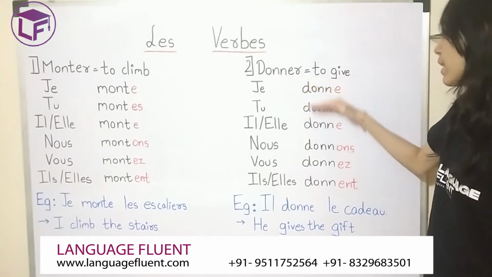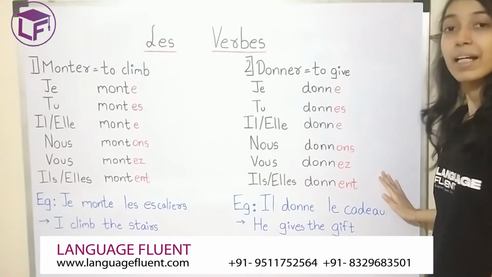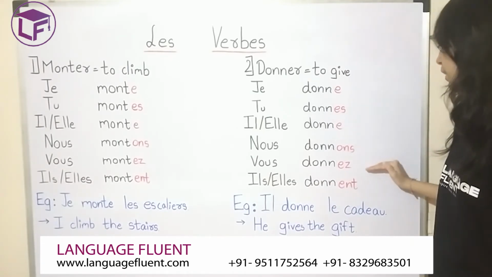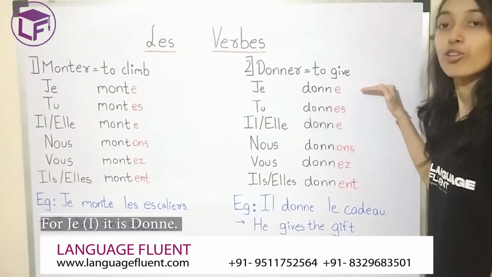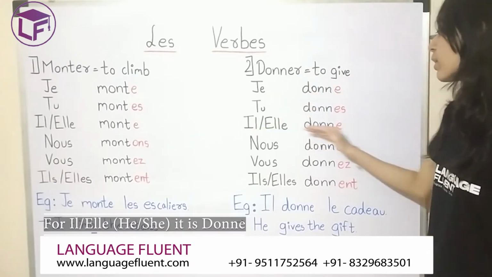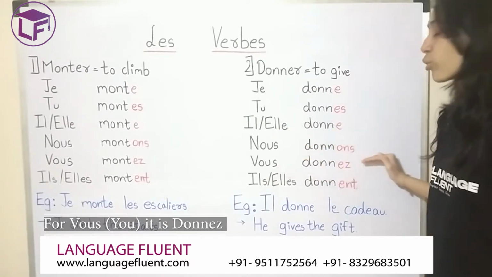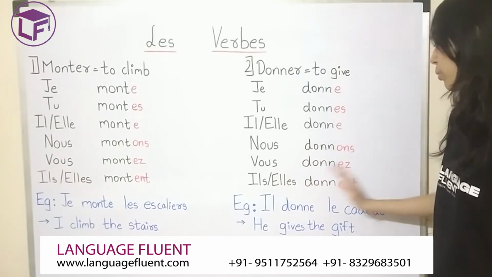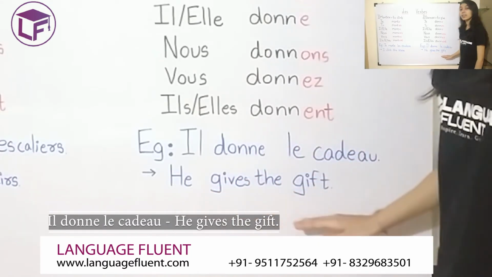So we write donn to each and every subject pronoun, and we add endings e, es, e, ons, ez, ent. So we pronounce it as je donne, tu donnes, il donne, elle donne, nous donnons, vous donnez, ils donnent, elles donnent. For example, il donne le cadeau, which means he gives the gift.